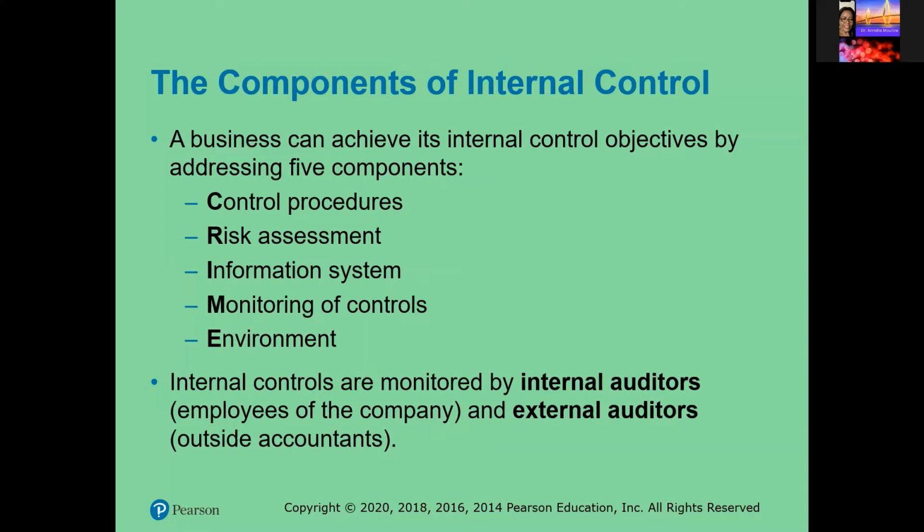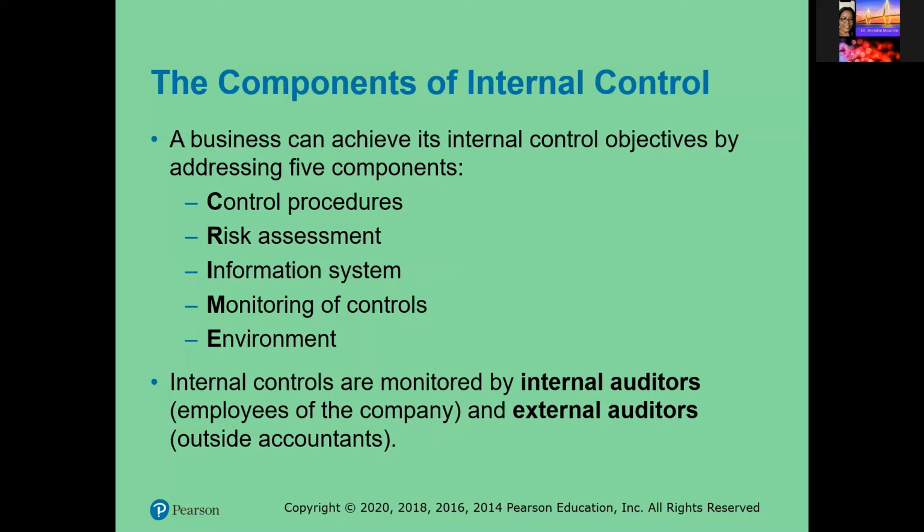Controls must be in place within the information system to ensure that only authorized users have access to various parts of the accounting information system. And companies hire auditors to monitor their controls.